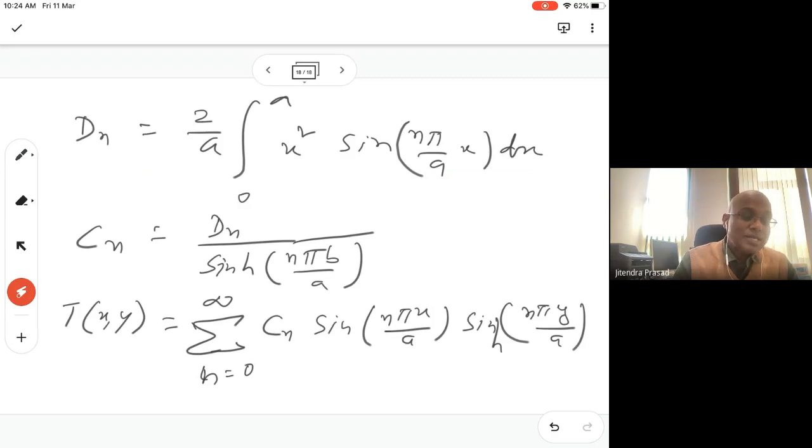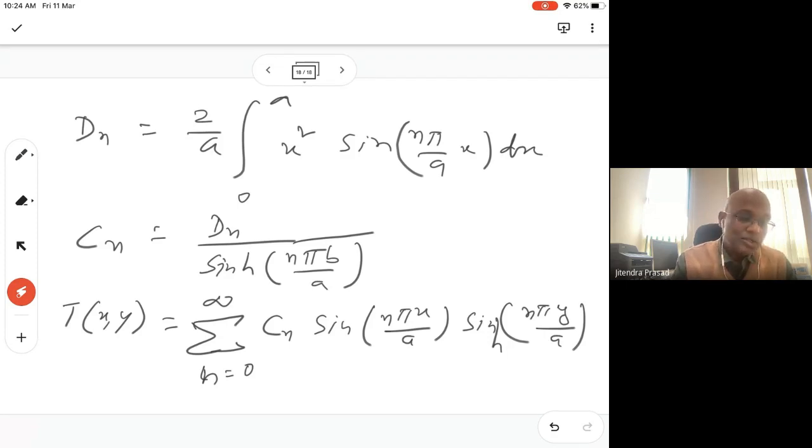Basically what we see here is that the x function and the y function are both multiplied and also summed. So actually the variables are not really separated, but the method still gives you the solution at the end.